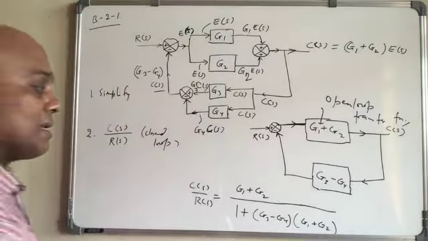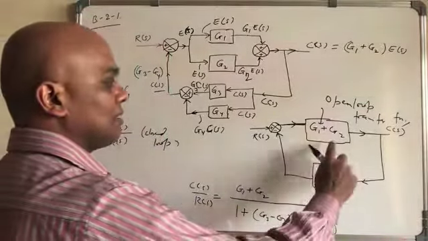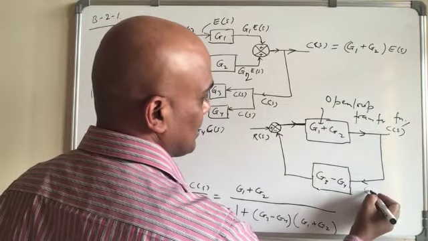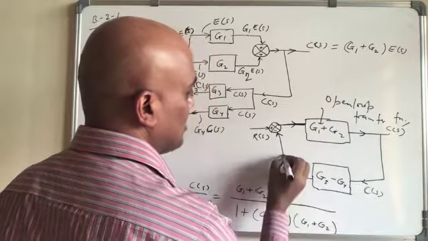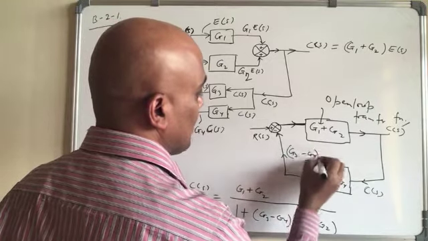And how do I know the answer? We have done it already, right? So this is C(s), this is C(s), here you have G3 minus G4 times C(s).